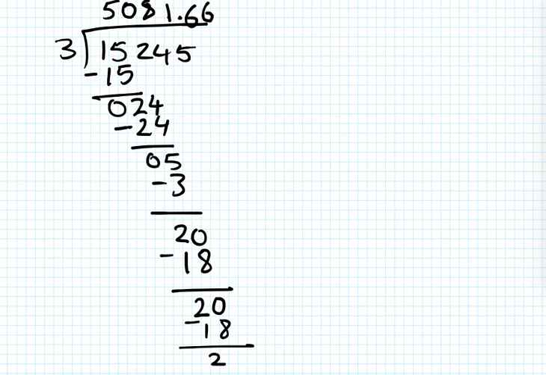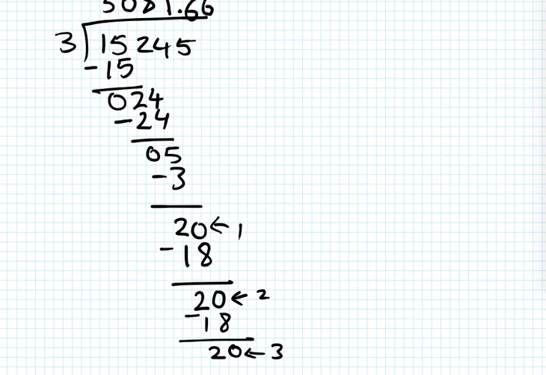And then the same story, because we've got a decimal here, we've used 2 of our zeros, right? One here and another one here. So we've got one last 0 that we can use, and we're going to put it here. So that was our first one, that's our second one, and this is the third one. So again, you say your 3 times tables till you get to a number that's closest to 20, which is, as we established earlier, 6. 6 times 3 is 18.